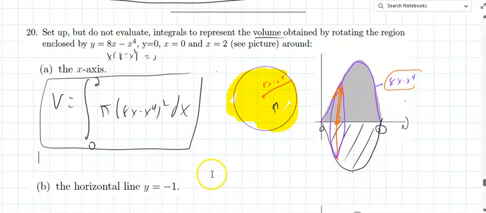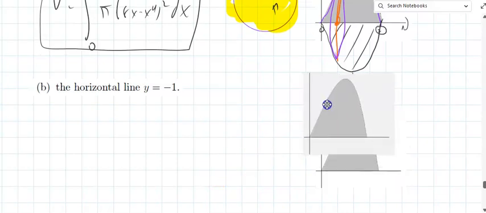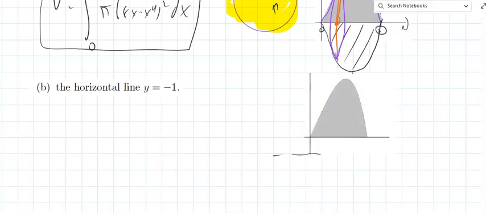If I was to take this problem, same problem, and rotate the graph about y equal -1, then this would create an identical copy like it, and it would look something like this.